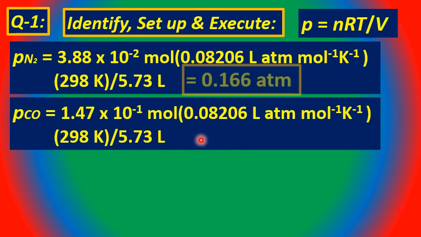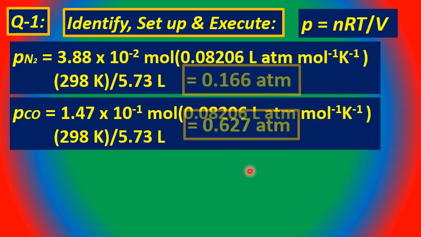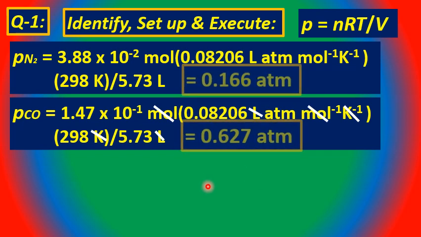So again, doing our math, we get the partial pressure for carbon monoxide gas equal to 0.627 atmospheres.